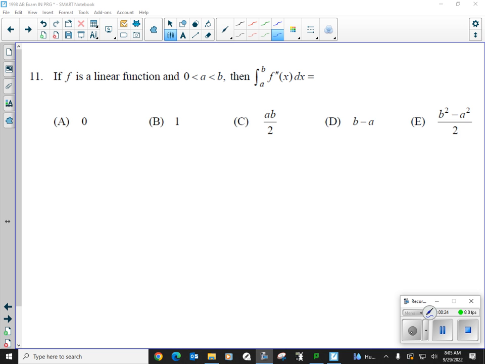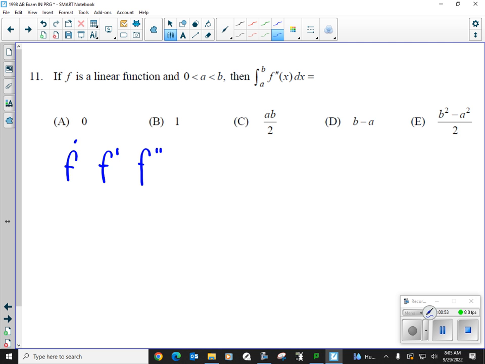All right, number 11. If f is a linear function and 0 is less than a, and a is less than b, then the integration from a to b of f double prime of x dx is... All right, well, I have done this time and time before. We have f prime, and we have f double prime.